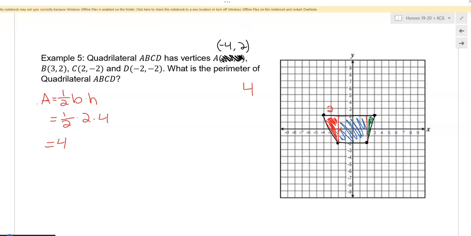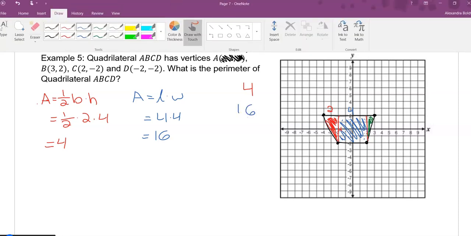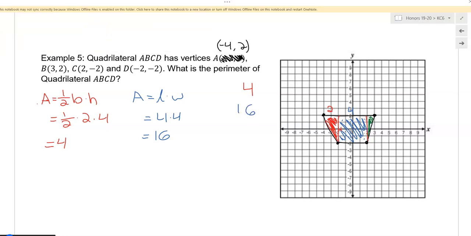We have our blue rectangle, and the area of a rectangle is length times width. 1, 2, 3, 4. And 4. So that's 4 times 4, which is 16. And then we have our green triangle. And again, the area of a triangle is 1/2 base times height.